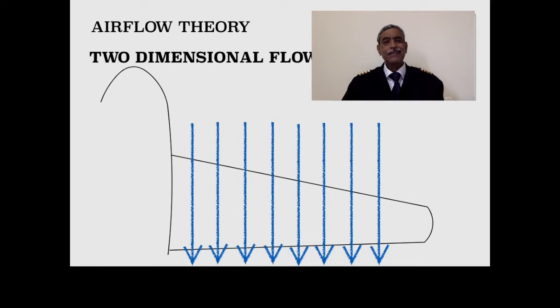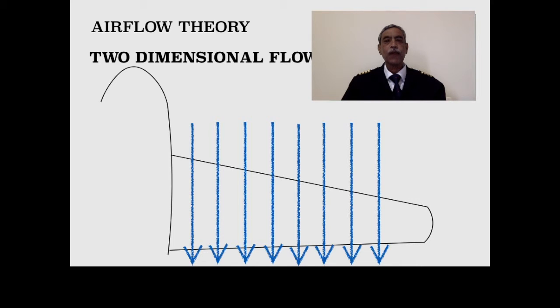Okay, next is a very simple two-dimensional flow. I have shown an aircraft with a wing, and just imagine as the aircraft is flying, or when the air is flowing over the wing, if they were to follow an absolute straight line, then the flow would be just about in two dimensions.